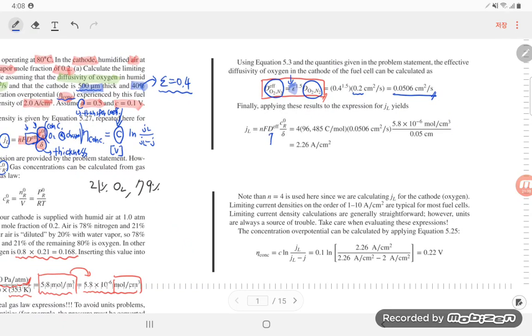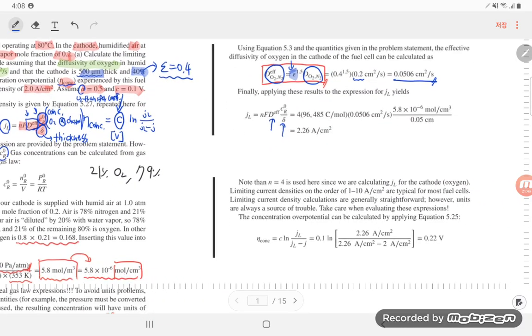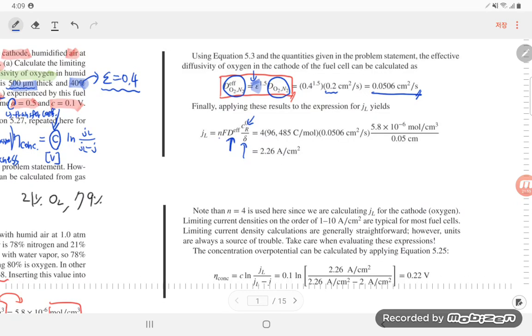Then we already know the delta here. This is the thickness of the gas diffusion layer, this is the concentration of the reactant, which is oxygen, and this is the effective diffusivity. Also we should insert 4 for the value of N, because the reactant is oxygen gas, right?